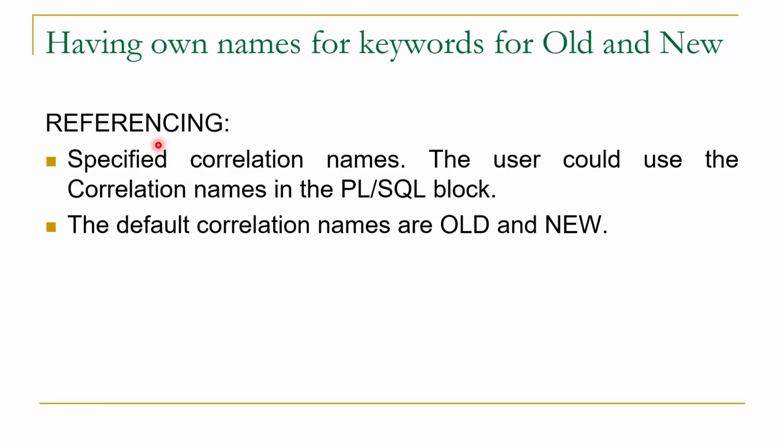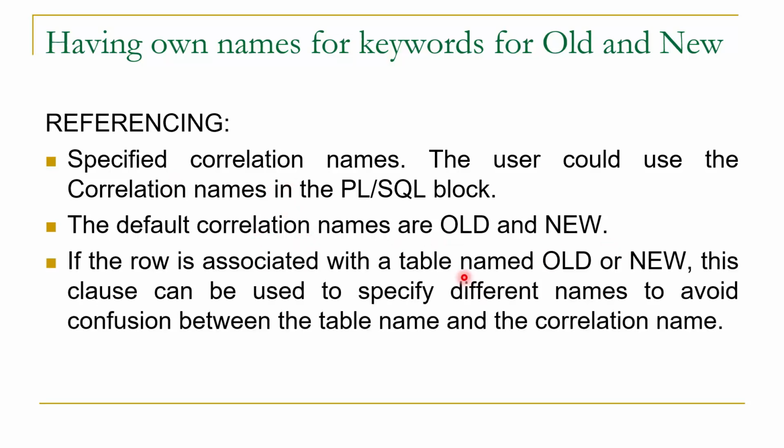By using referencing, we can specify our own correlation names for the default correlation names old and new. If the trigger is associated with the table named old or new, then this clause can be used to specify different names to avoid confusion between the table name and the correlation name.